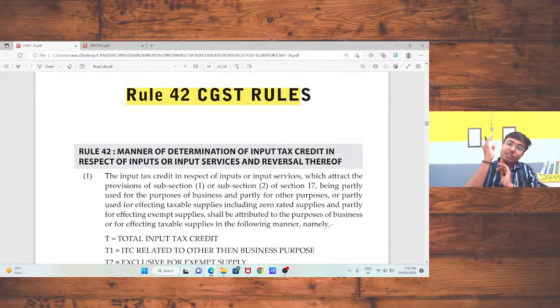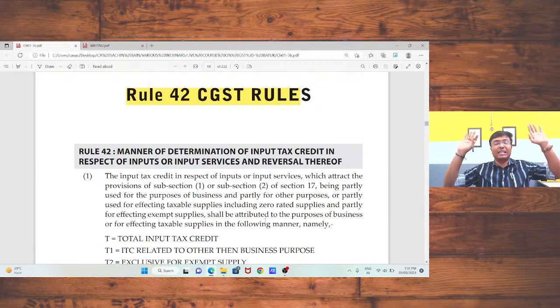We had also discussed the credit in special circumstances, that is section 18 of the CGST Act. Also we had discussed section 17 subsections 1, 2, 3, 4, in which we discussed the proportion of input tax credit, bifurcation of input tax credit related to taxable as well as exempted, or non-business purpose as well as business purpose.